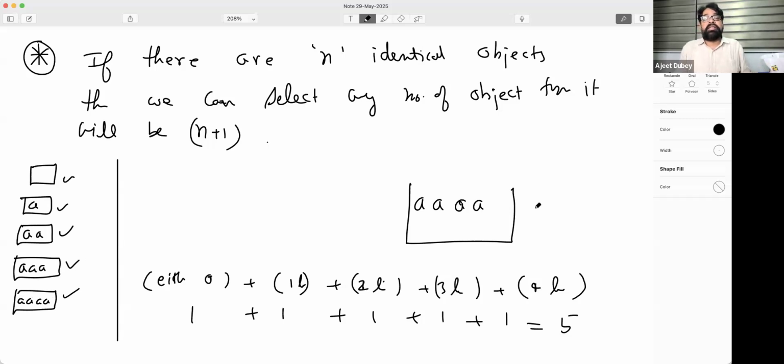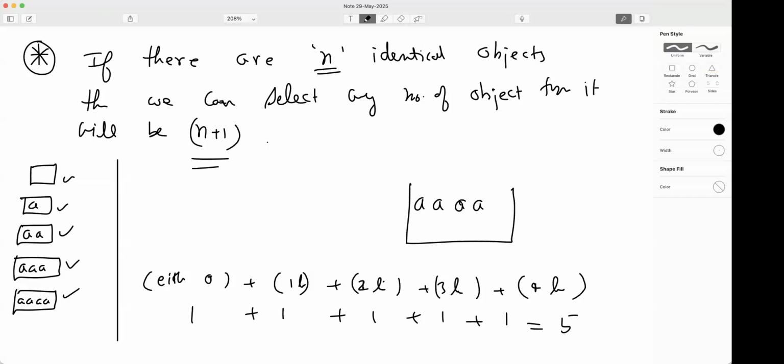So any number of selections from 4 identical letters will be 4 plus 1, which is 5. Any number of selections from n identical objects will be n plus 1. Similarly 0, 1A, 2A, 3A, 4A, and so on up to nA, so n plus 1 will be there. I think this makes sense to everyone.